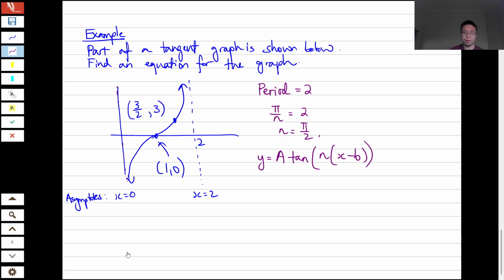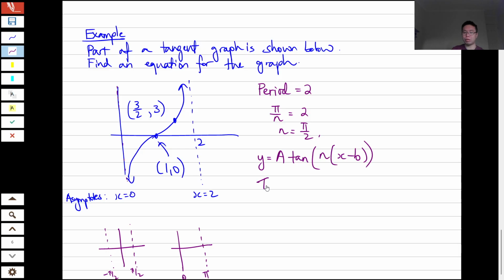If you think about it, if my original graph looks like this, with the asymptotes at negative pi on 2 and pi on 2 for tan x, if I shifted it to here, I would need to shift it pi on 2 units to the right. Specifically, I will need to shift it half a period.